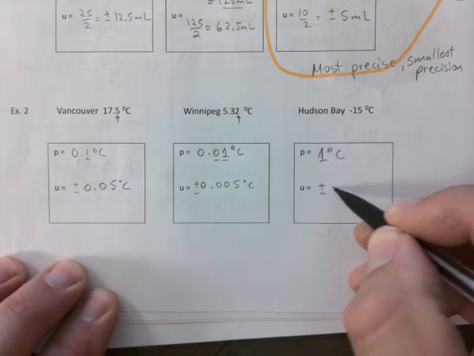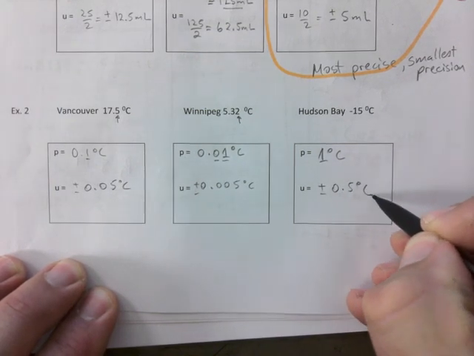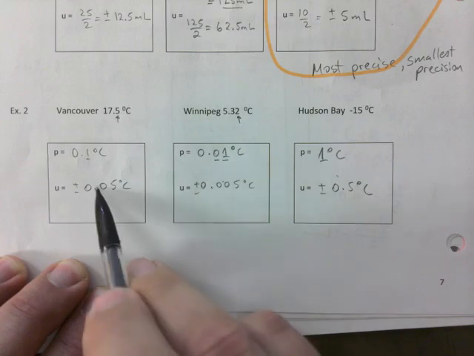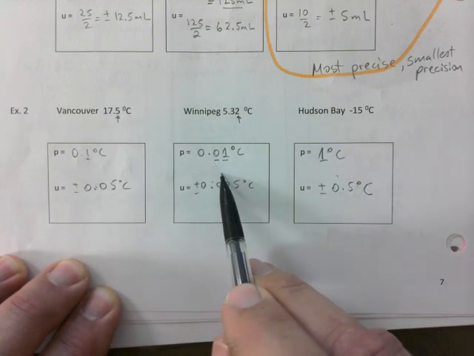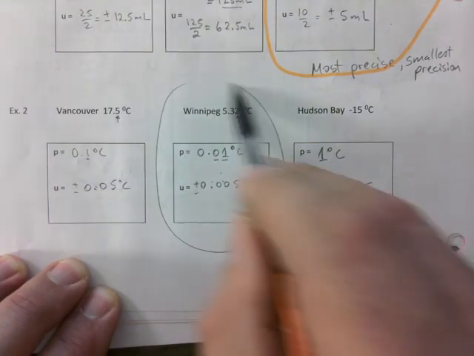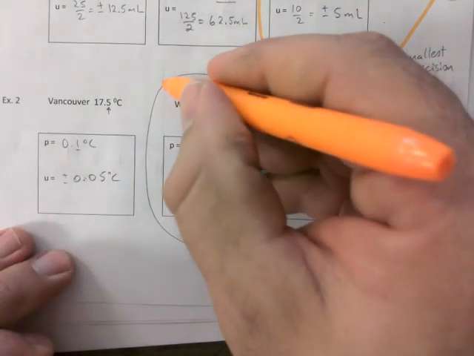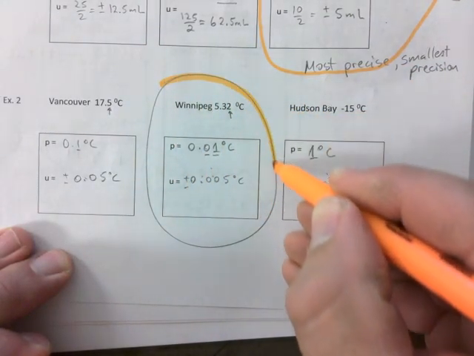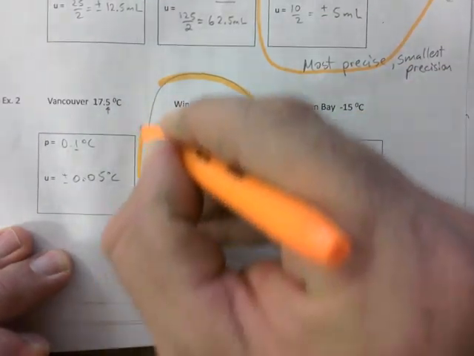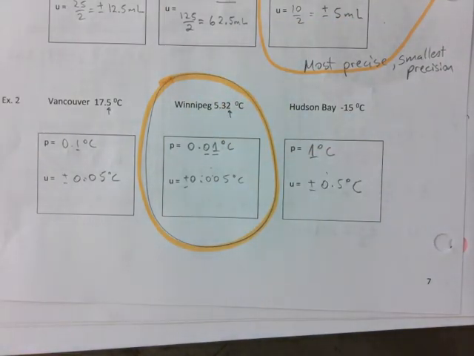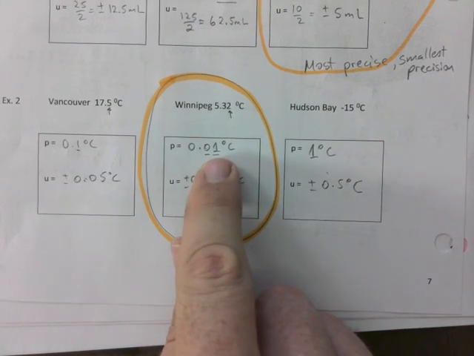So this would be plus or minus 0.5 degrees Celsius. So which one is most precise? This one. Oh, I'm going to use orange. So the device that was used to measure Winnipeg's temperature is the more precise because of the lower precision.